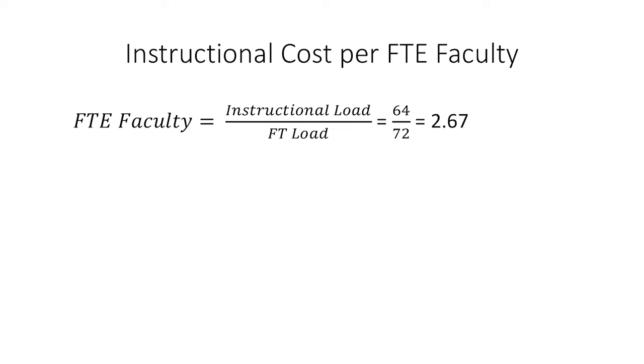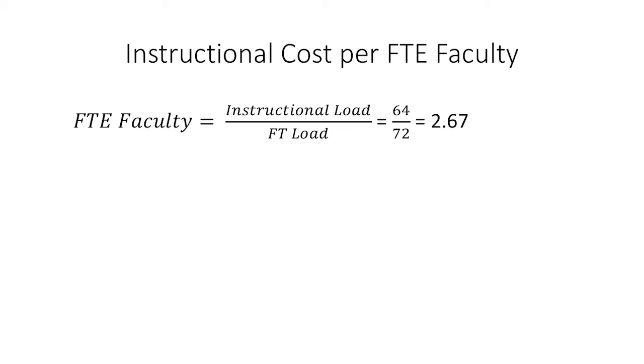calculated FTE faculty. We took instructional load, and we can divide that by full-time load. So in a given department, a made-up department, there are 64 load credits for teaching, and full-time load in that department is 72 for 3 faculty members.